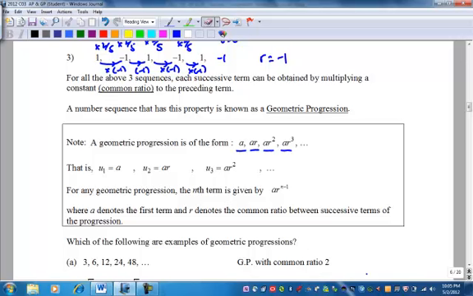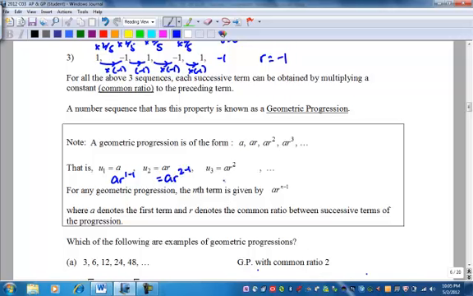We can see that if we rewrite the first term A as AR to the power of 1 minus 1, R power 0 is 1, and for the second term, AR, we write AR power 2 minus 1.